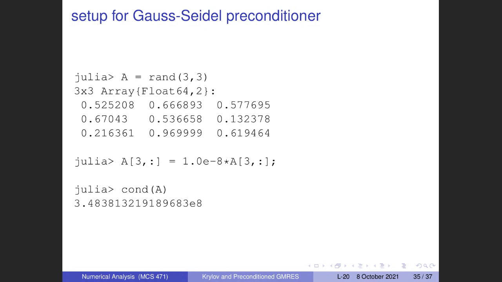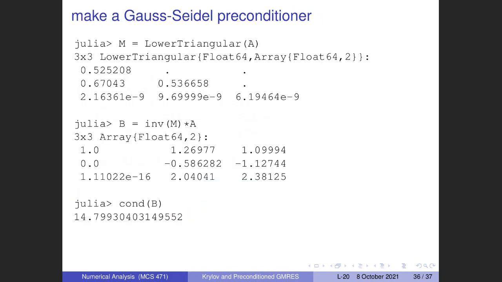You can be mistaken, it's just 3, but hey, we read our numbers from right to left. So we started with 10 to the power minus 8 as our multiplier, and we have 10 to the power 8. Now the Gauss-Seidel preconditioner will take the diagonal and the lower triangle part.